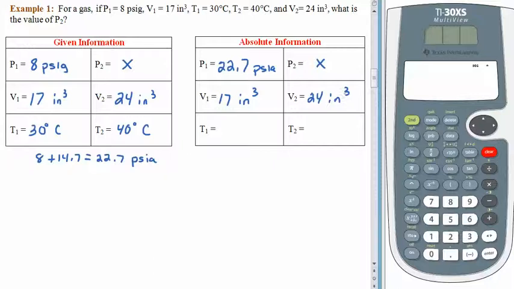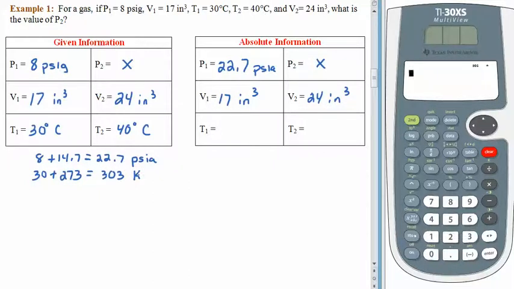The temperatures need to change. We have 30 degrees Celsius. We need to turn that into a Kelvin temperature. And of course, you remember that to turn Celsius into Kelvin, we have to add 273. So that should give us 303 Kelvin.